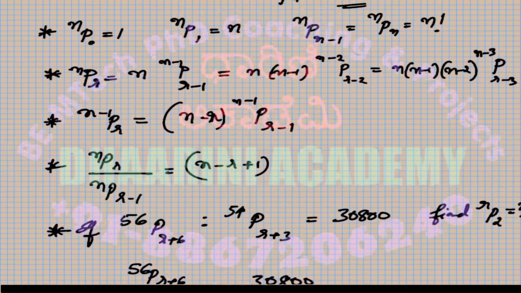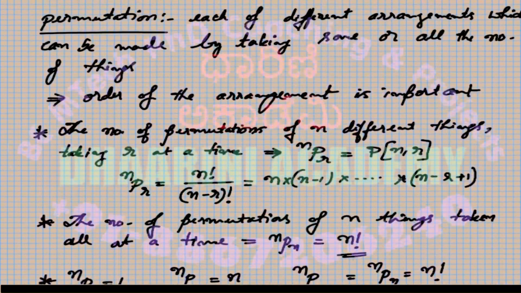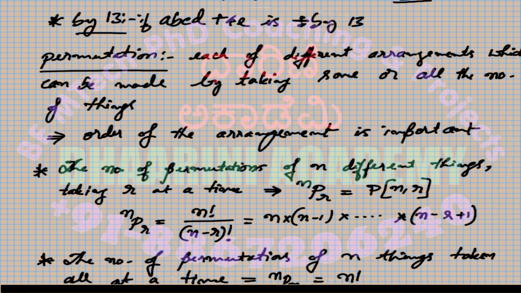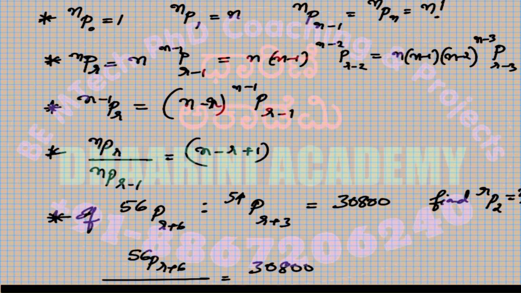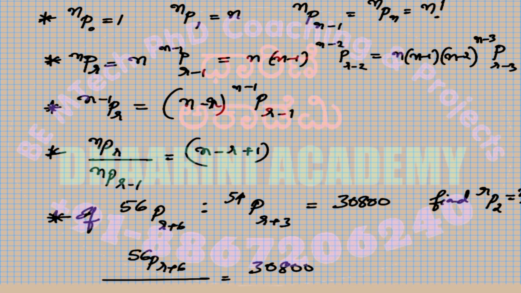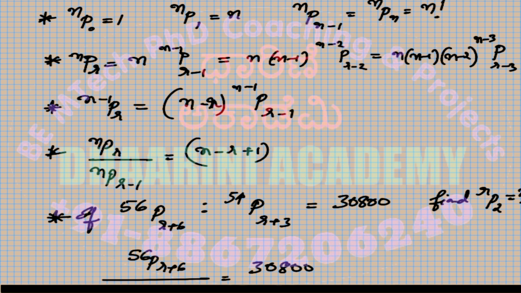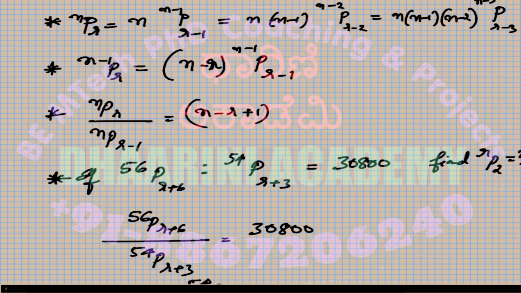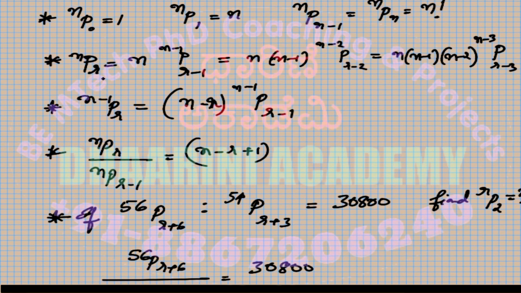I'm trying to apply one of the properties which we have seen just now: nPr is n into (n minus 1) times (n minus 2)P(r minus 2).